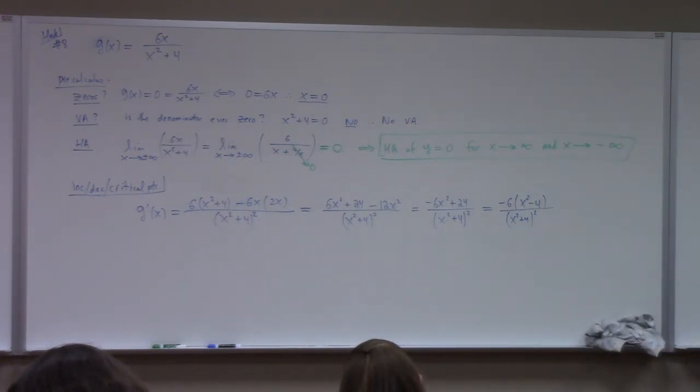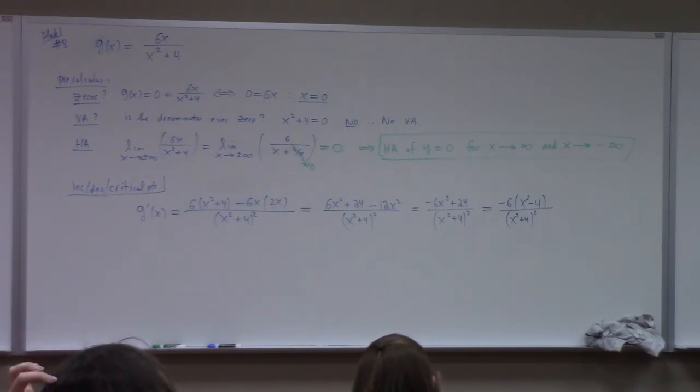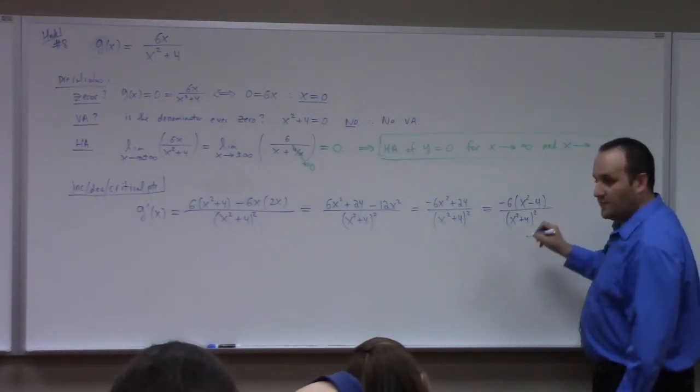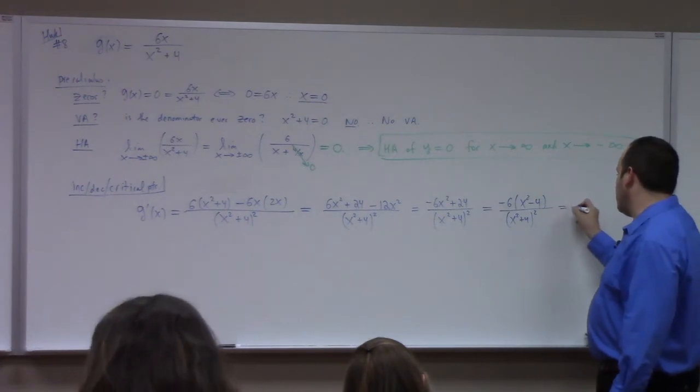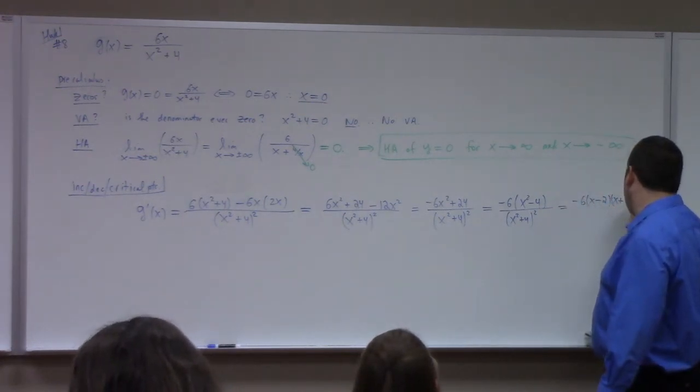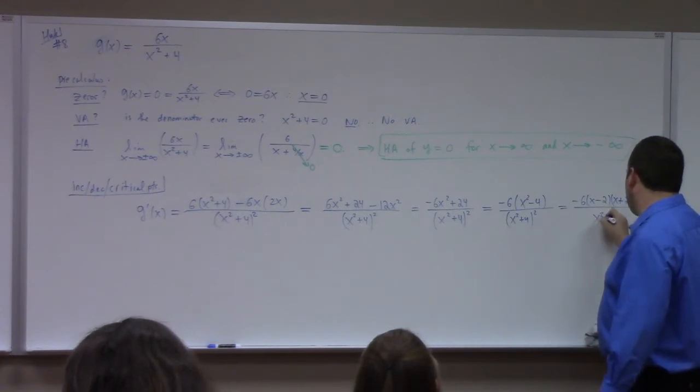You with me? If you had a plus 4 there, that would mess everything up. That being a minus is so important, because now it's the difference of perfect squares, and it factors into minus 6 times x minus 2 times x plus 2 over x squared plus 4 quantity squared.